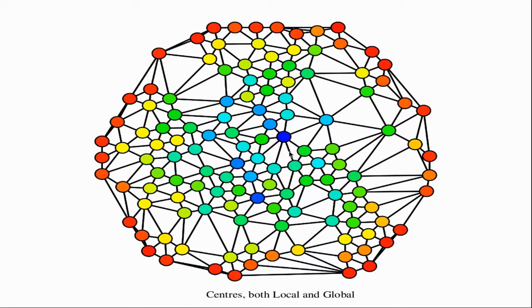The most other nodes depend on that blue or are connected to that blue. So we have this concept of centers, both local and global. This blue has a high local centrality, and also a very, very high global centrality, whereas these red dots have almost no local or global centrality. So centers are implied by connections, and that's important here.